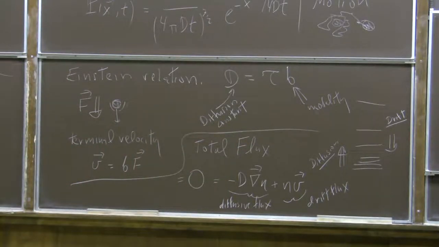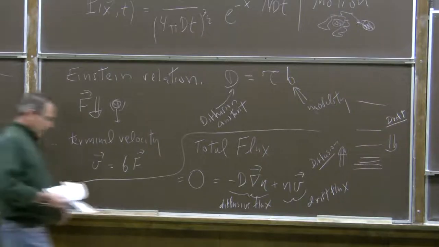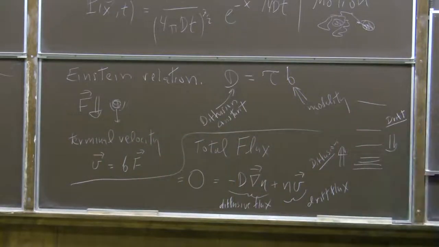Now, when we're in equilibrium, then the distribution of particles in the fluid should be given by a Boltzmann distribution. We're in equilibrium with a reservoir at some specified temperature.